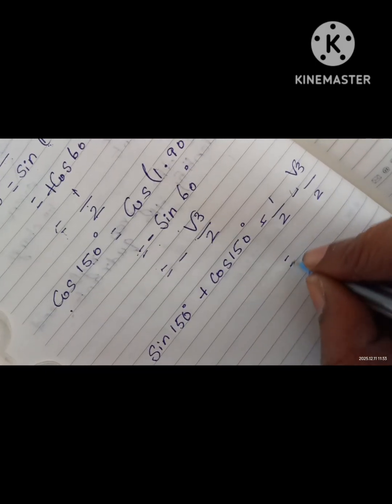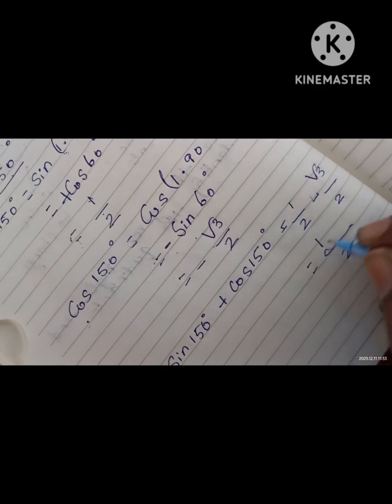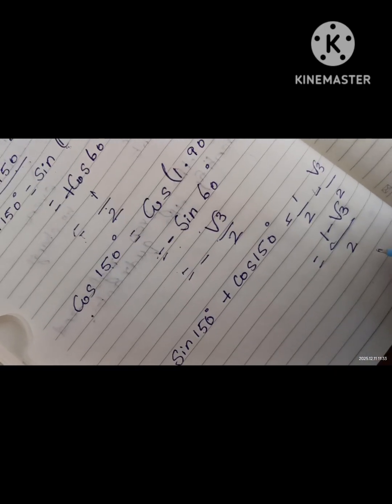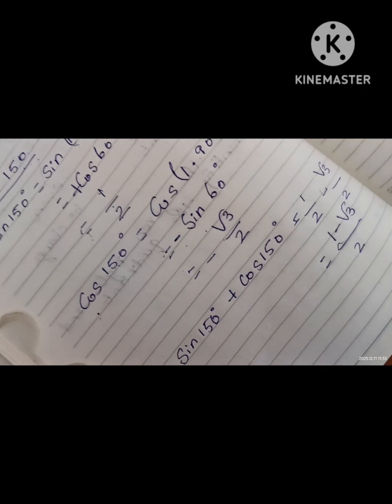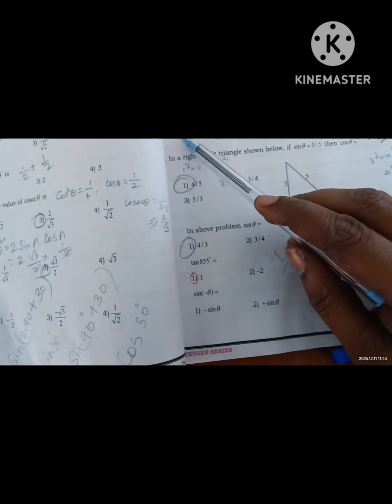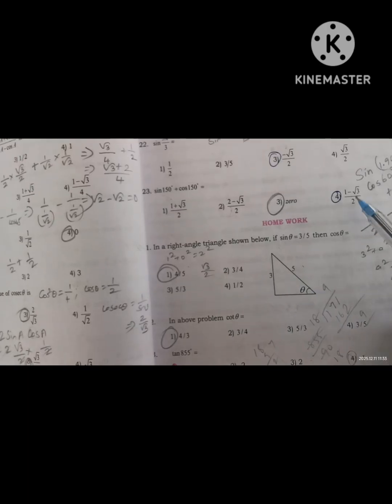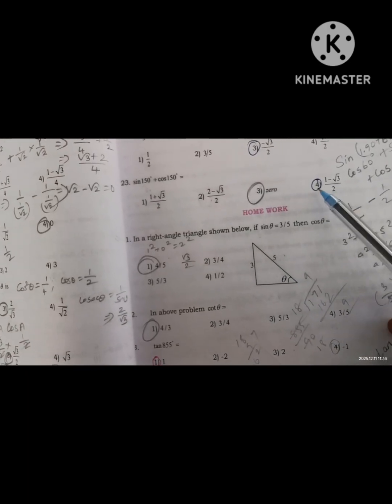So here we can take this 2 as LCM. So when we take this 2 as LCM, we get the answer 1 minus root 3 divided by 2. Is there any option 1 minus root 3 by 2? Take page number 78, 23rd sum, the same sum. See the option 1 minus root 3 divided by 2. So here the correct option is 4.